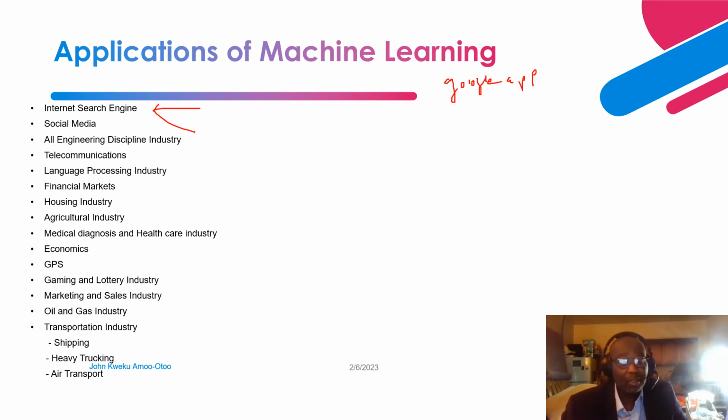So every time that you input a search in that drop down window, the algorithm basically keeps that data and traces it and is able to predict.